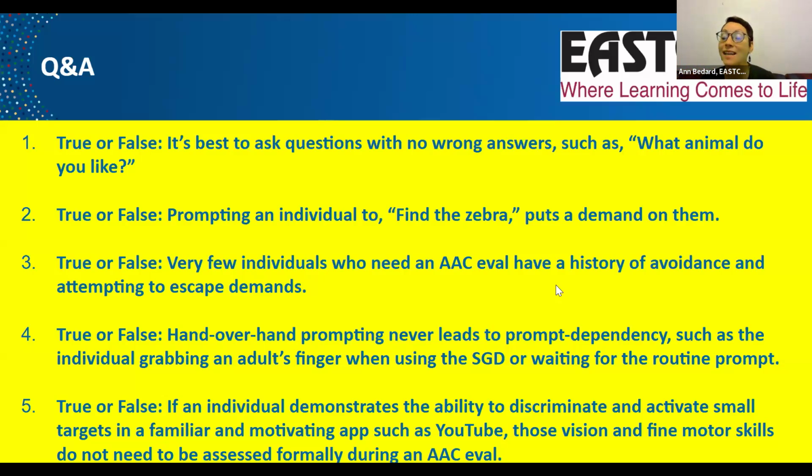I might recommend having a second talker with the identical app and identical file and grid, and having the adult model on the second talker. I know somebody who always recommends a second talker. Every time she recommends a talker for a student, she also recommends what she calls a modeling talker for the adults.